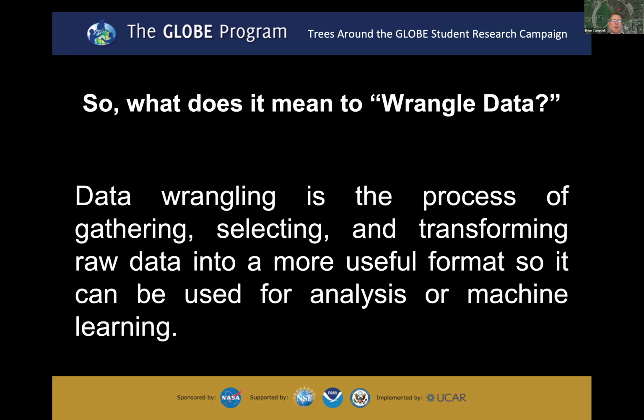All right. So I'm going to have this slide before I introduce Peder Nelson again. This is something that I found, a combination of what wrangling data actually is. It's a term. Data wrangling is the process of gathering, selecting, and transforming raw data into a more useful format so it can be used for analysis or machine learning.